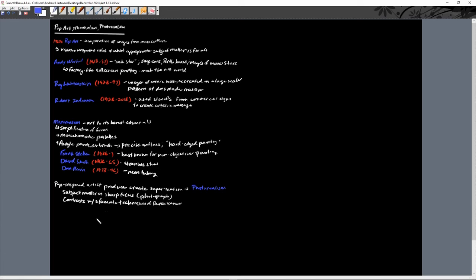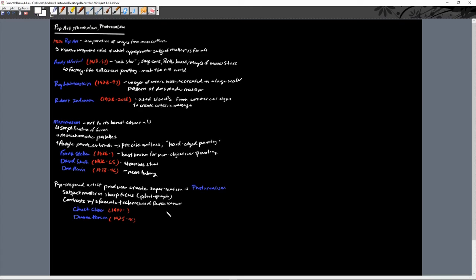And so the artists that they bring out here are Chuck Close and Duane Hanson. Chuck Close, born in 1940, still alive today, and Duane Hanson, born in 1925 and living until 1996.